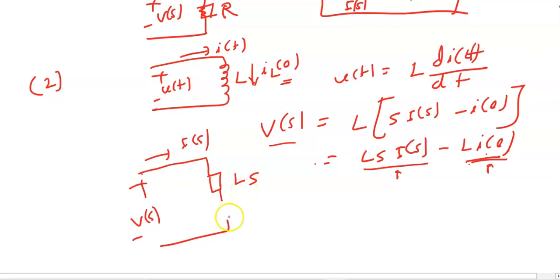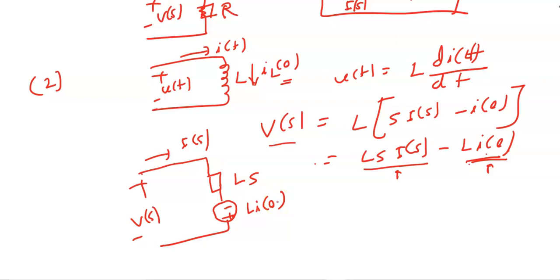This is the voltage transform due to the initial current through the inductor, and its direction is the same as the voltage source. So plus minus L I0, 0 minus or 0 plus, no issue. I0 is the initial current, and L I0 is the voltage transform of the initial current in the inductor.